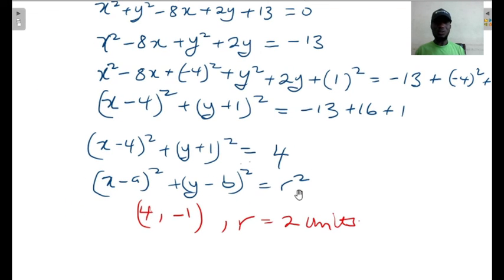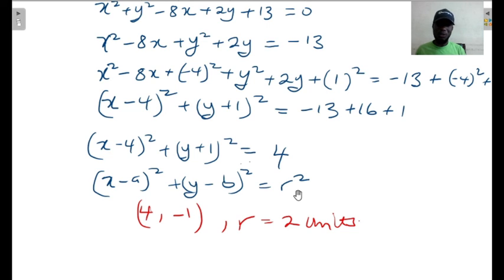So this is for those who will not be able to negate the G and the F to get the center of the circle, having a challenge with that. Then they can use the completing the square method to get it in the standard form and look for their center and their radius.